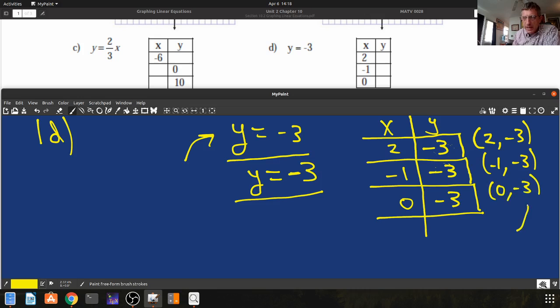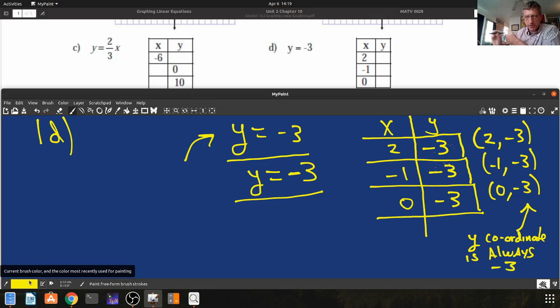In this case, we're going to note that the y coordinate, the y direction, is always minus 3. So let's actually plot those points: 2, minus 3; minus 1, minus 3; and 0, minus 3. So let's go over to our plotting.